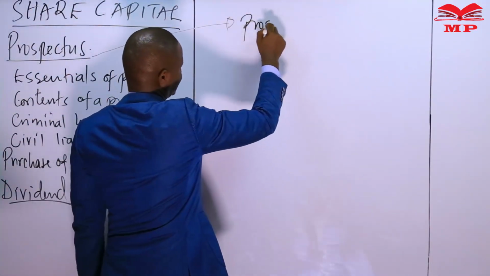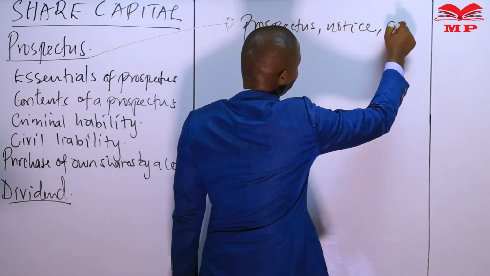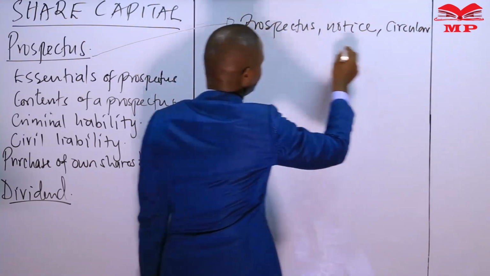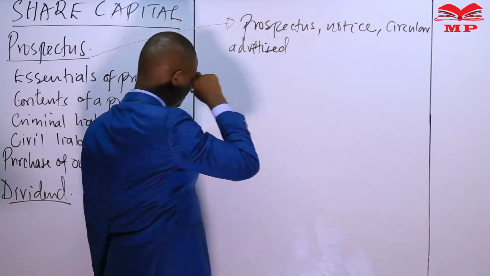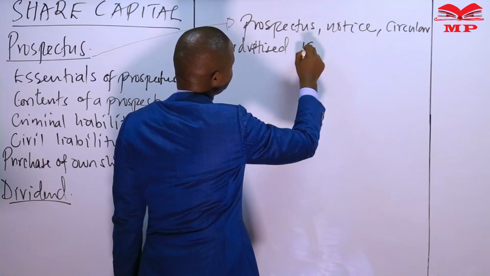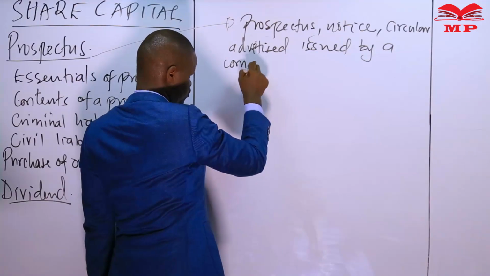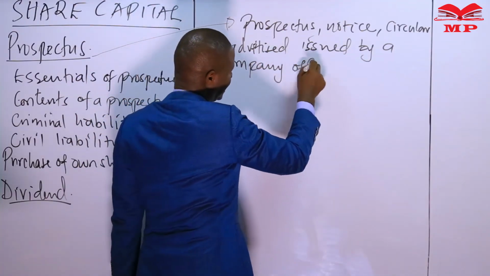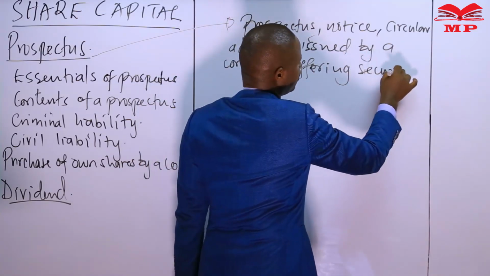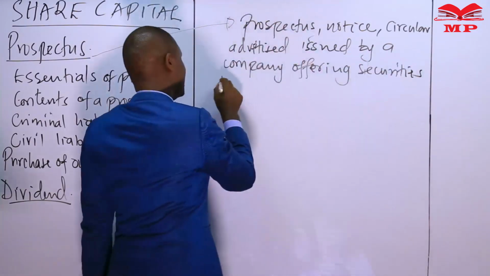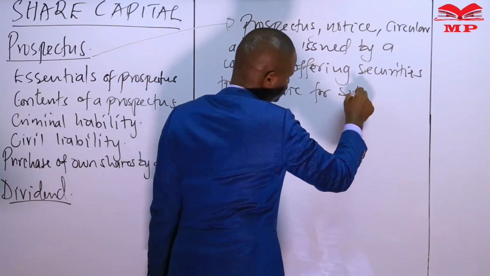It talks about a prospectus being a notice, being a circular, or any advertisement issued by a company, offering securities to the public, for subscription.